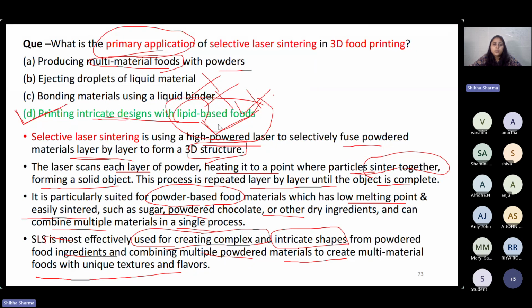The primary application is for the lipid based, because we are not producing multi-layered food products with powders. We do make things from powders, but the primary application we use it for is lipid based food products. We get the lipids in powder form, and that is heated to make solid objects. Obviously, the other option can also be partially correct, as we discussed.